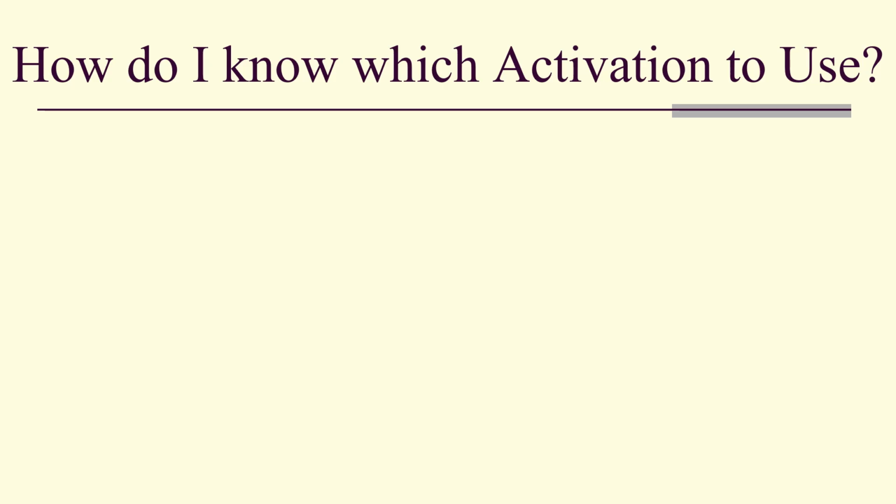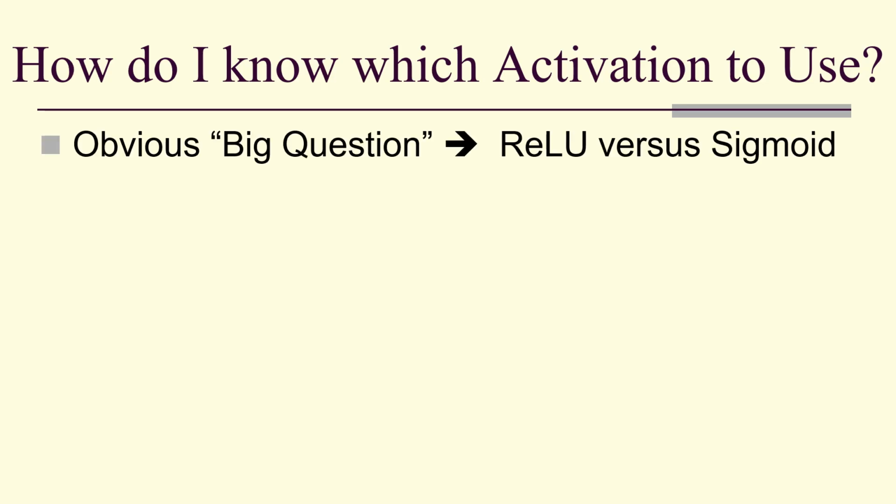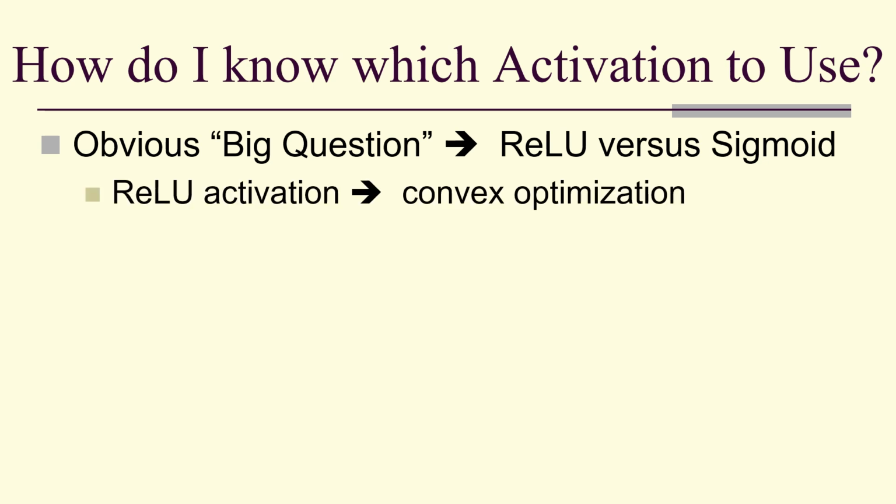Now, here's a question which has probably occurred to you and certainly occurs very frequently: how do you know which activation to use? You may have noticed there was no ReLU in this transformer model. So when do you use a ReLU versus a sigmoid?